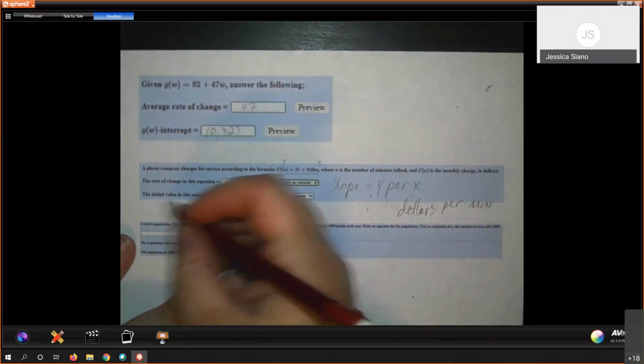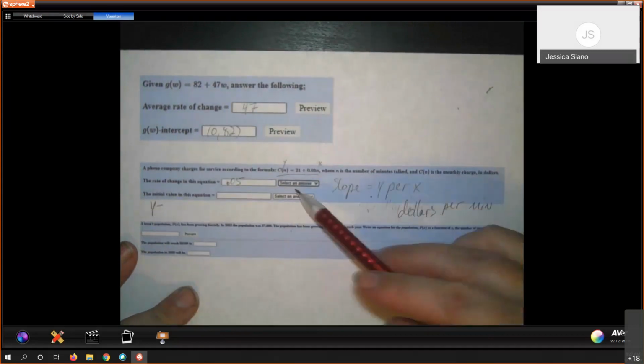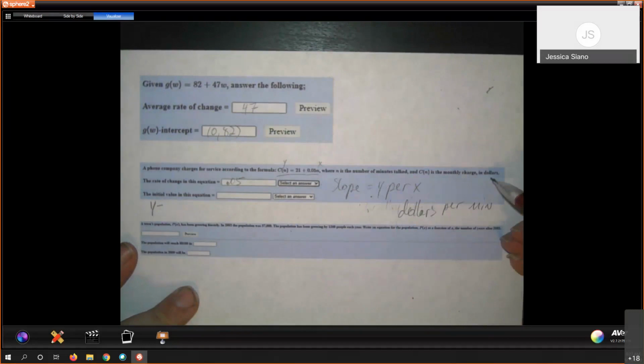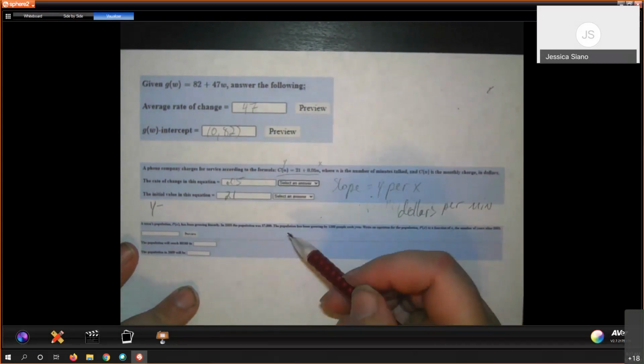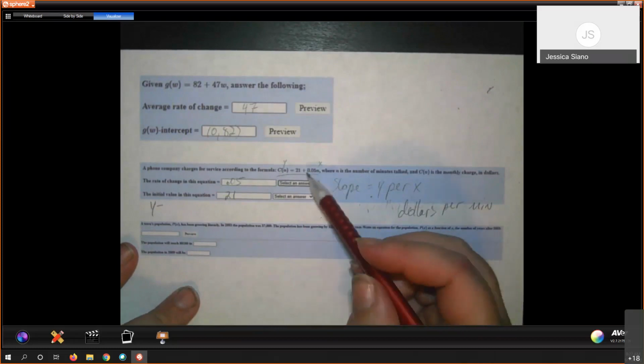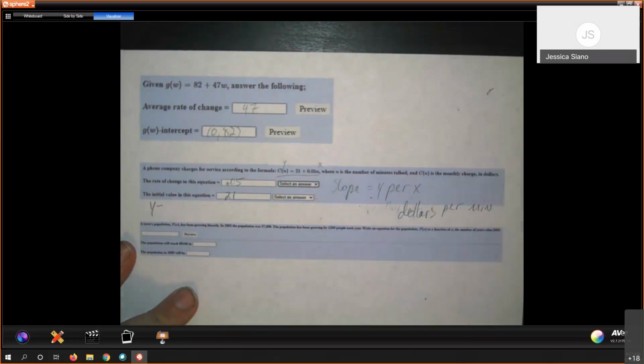And then my initial value is always a y. So if my y value is the monthly charge, then that means that you're $21 initially. So what this is saying is that your phone bill will be $21 plus 5 cents per minute. Hope that makes sense.